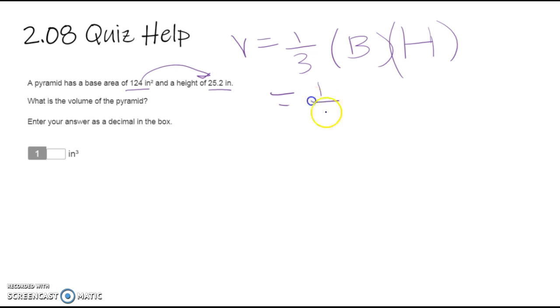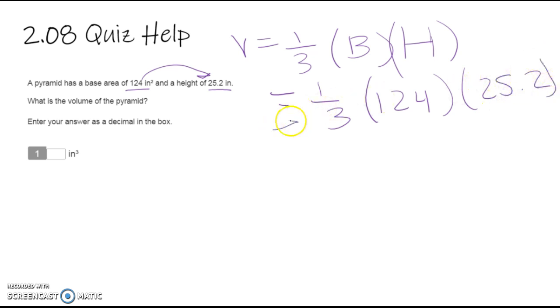So you have to take those two and multiply them. The area of the base is 124. The height is 25.2. But you also have to multiply times 1/3 or divide by 3 to get the volume of the pyramid. Otherwise, you're getting the volume of a large prism that's 3 times the volume of your pyramid. So you'll do 124 times 25.2.